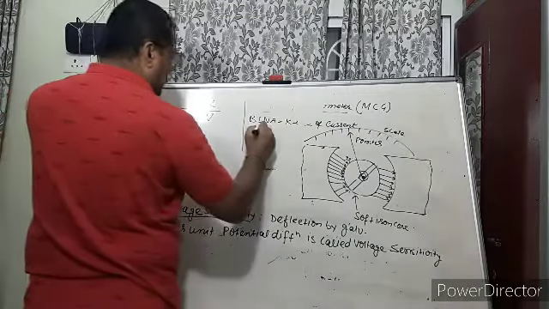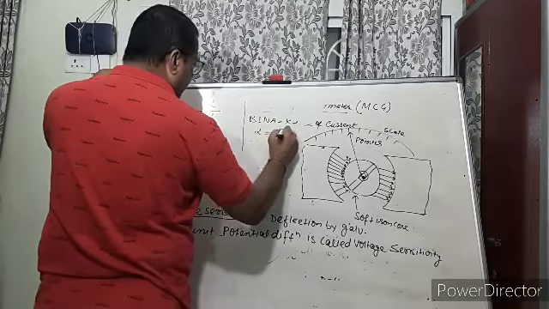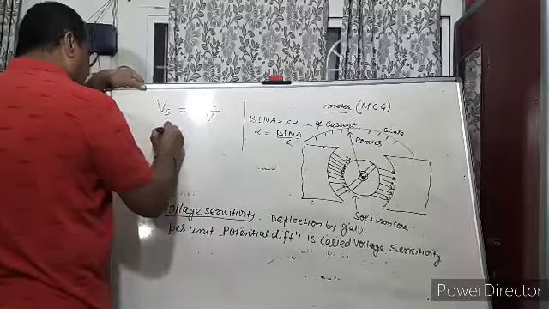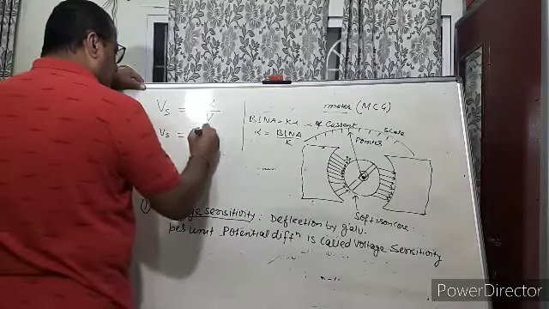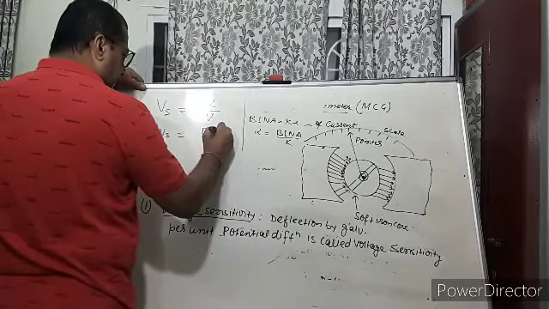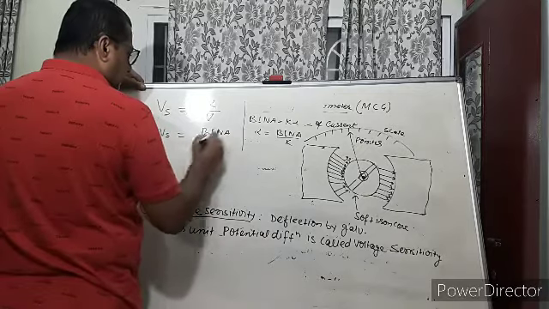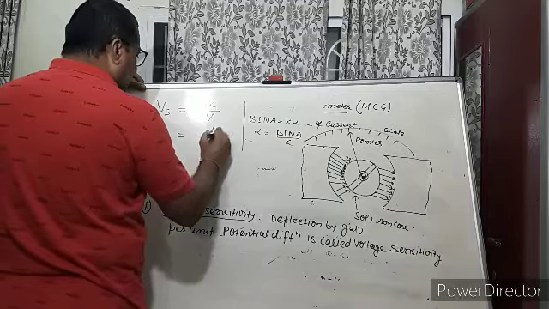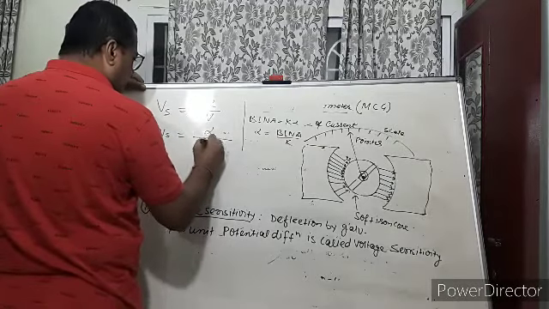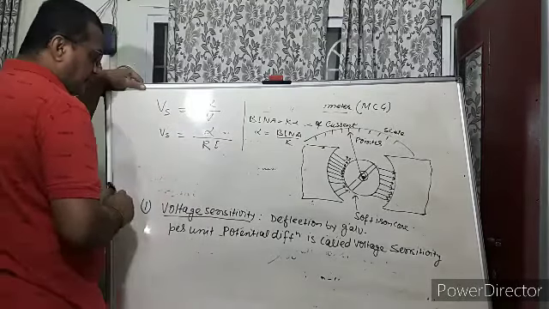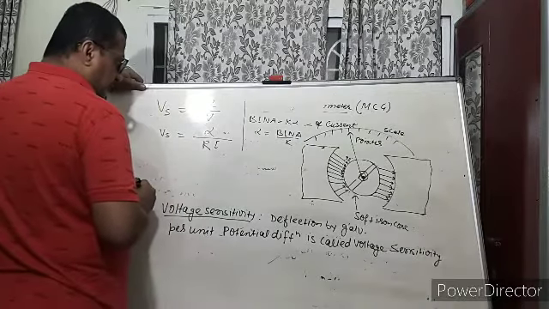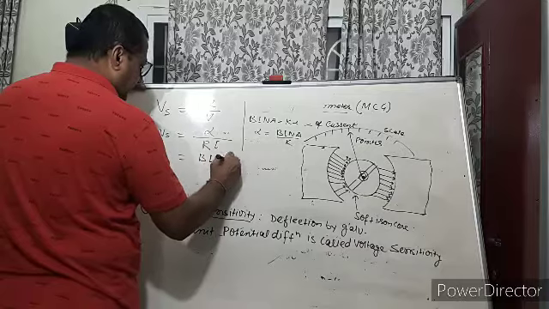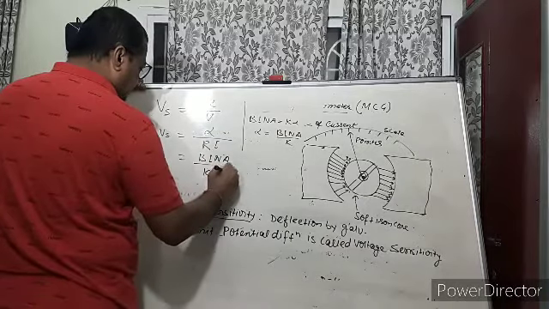So we can write in place of alpha, BINA by K. So we can write Vs equal to alpha divided by V, where V equals Ri, and alpha is equal to BINA divided by K into Ri.